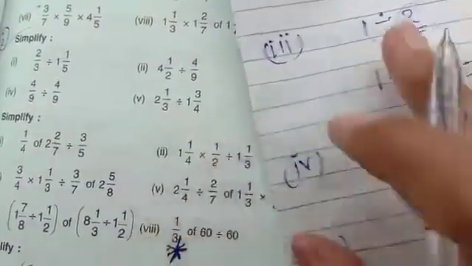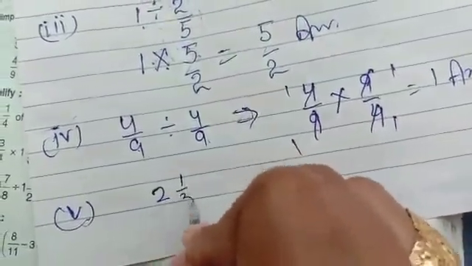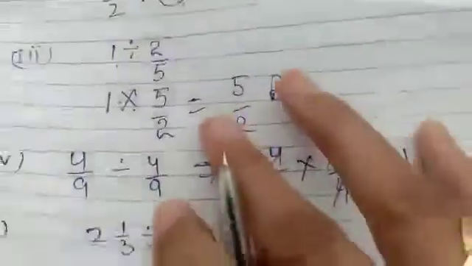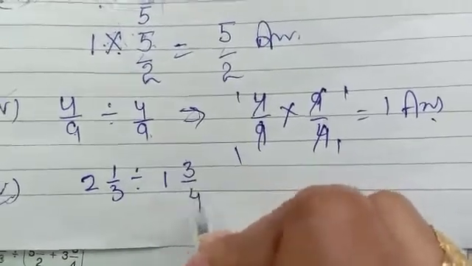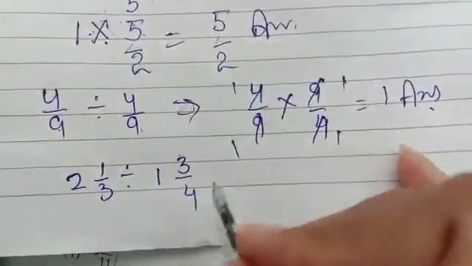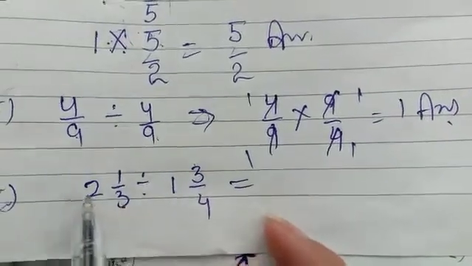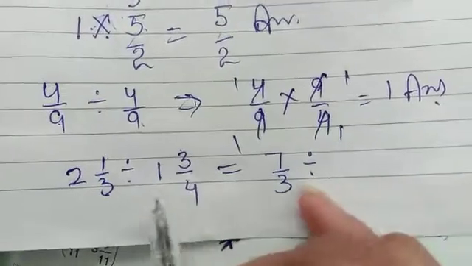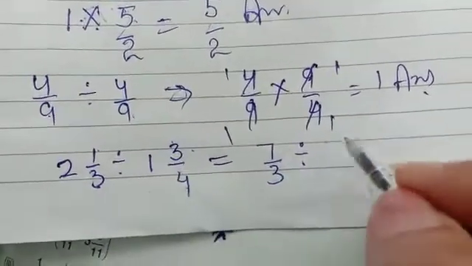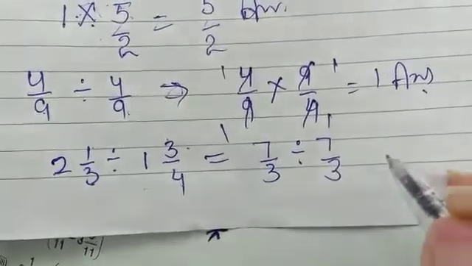2 whole 1 by 3 divided by 1 whole 3 by 4. What will we do in this case? Firstly, change the fractions. 3 2s are 6 plus 1, 7 over 3 divided by 4 1s are 4 plus 3, 7 over 3, right?